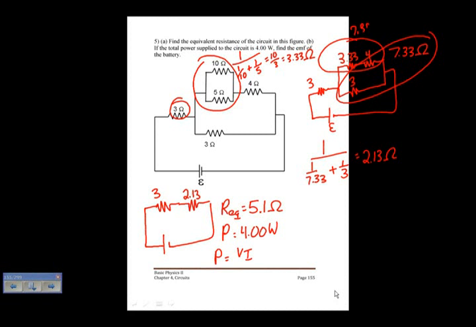Or you can say that I is equal to V over R, so this becomes V squared over R. And I want to solve for V. It's going to be the square root of P times R, or the square root of 4 watts times 5.1 ohms.